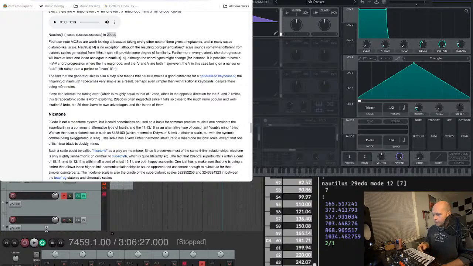So it'd be like on a regular keyboard, if your first note was a C, that second note would be roughly halfway between D and D flat. Because normally every note is 100 cents. So if we take the tuner off of this, that's normal.